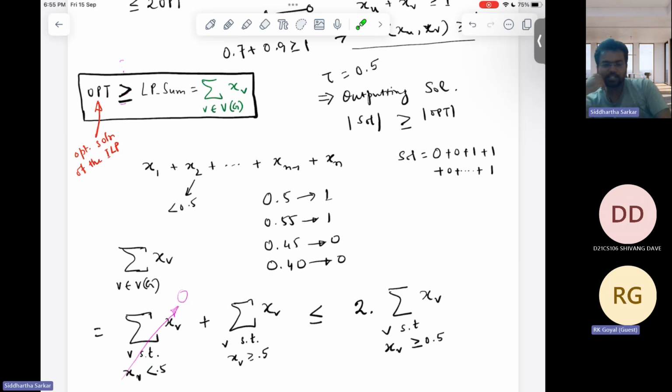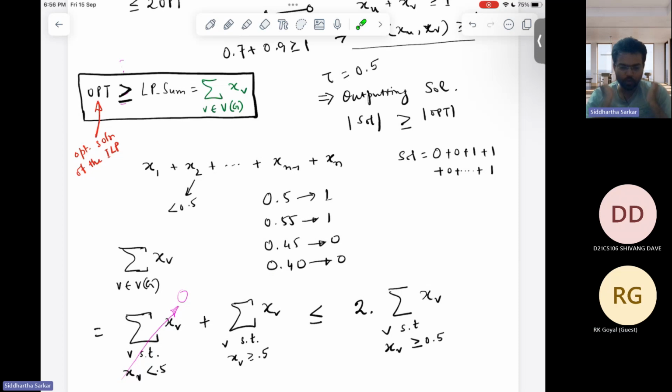So what is a profitable situation for you? To get more LP sum or less LP sum? The profitable situation for me is that I get lesser value of LP sum. Yes, you want to minimize things. Yes, I want to minimize.